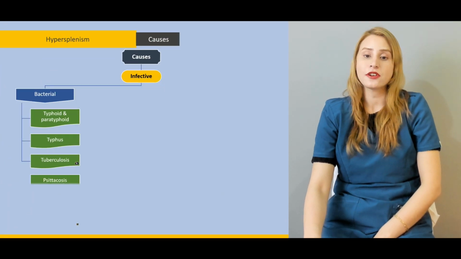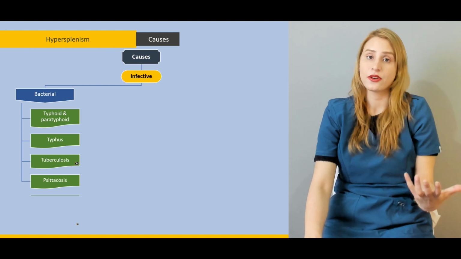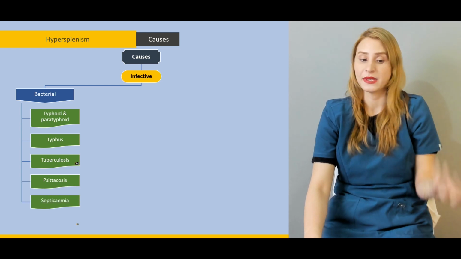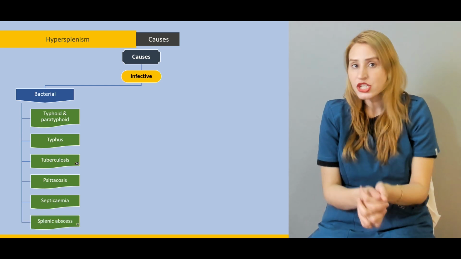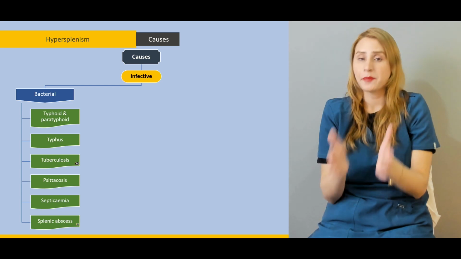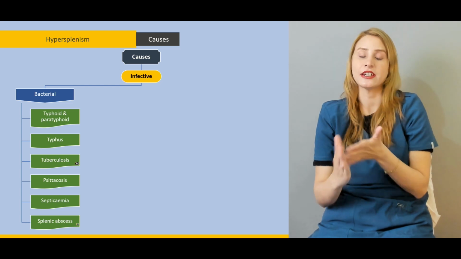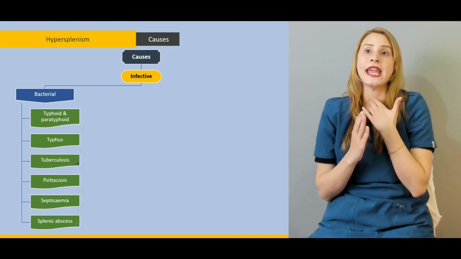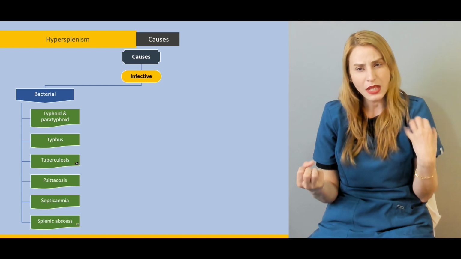If we talk about some other bacterial causes, psittacosis is one of the causes of splenomegaly, and so is septicemia. When the patient is in septicemia, there's a chance the patient will go into DIC, disseminated intravascular coagulopathy, with a lot of disruption of the platelets.